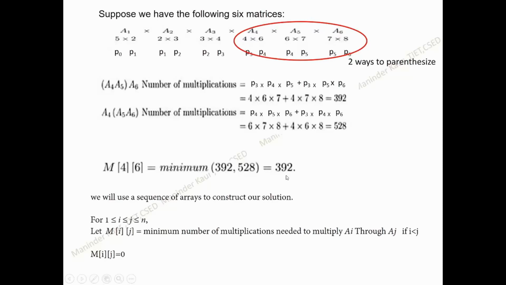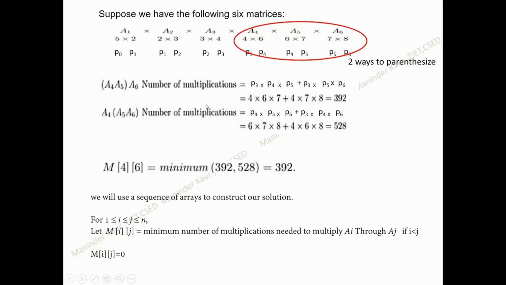Now how do we represent the same from an algorithm point of view? We are using a two-dimensional array. Let the name of the array be M. Here, row value 4 and column value 6 represents that we are giving the count of the number of multiplications for the chain of matrices from A4 till A6.